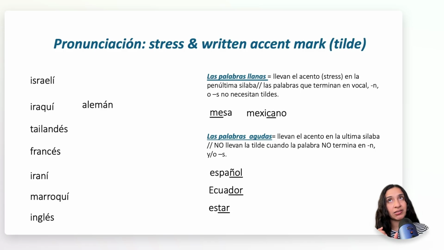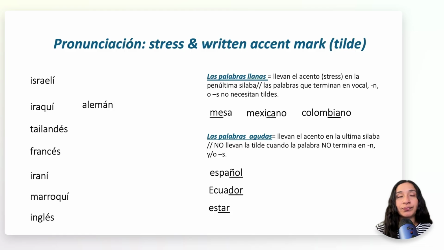The stress of that word is in the second to last syllable, la sílaba penúltima. The last syllable is no, but the penultimate syllable is ka, so that's where all the emphasis goes. So mexicano, and the same for colombiano.